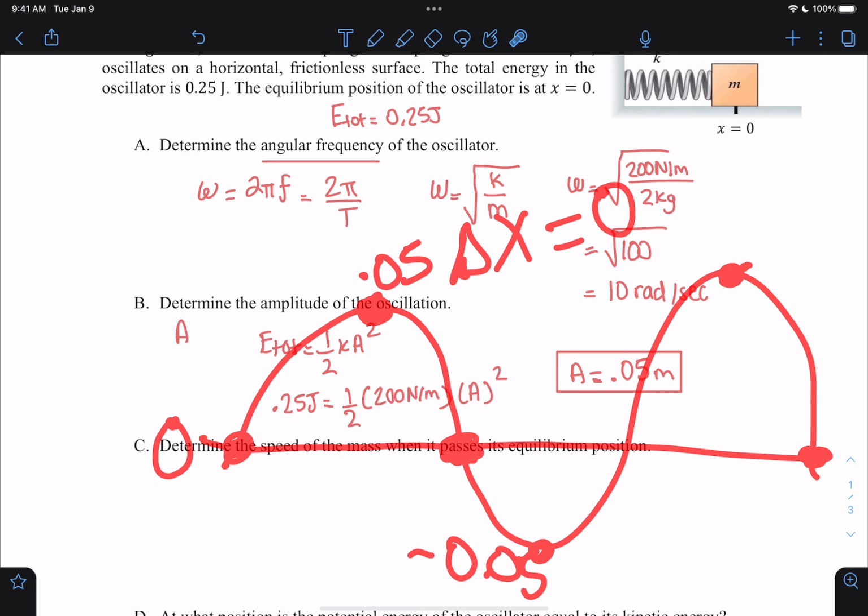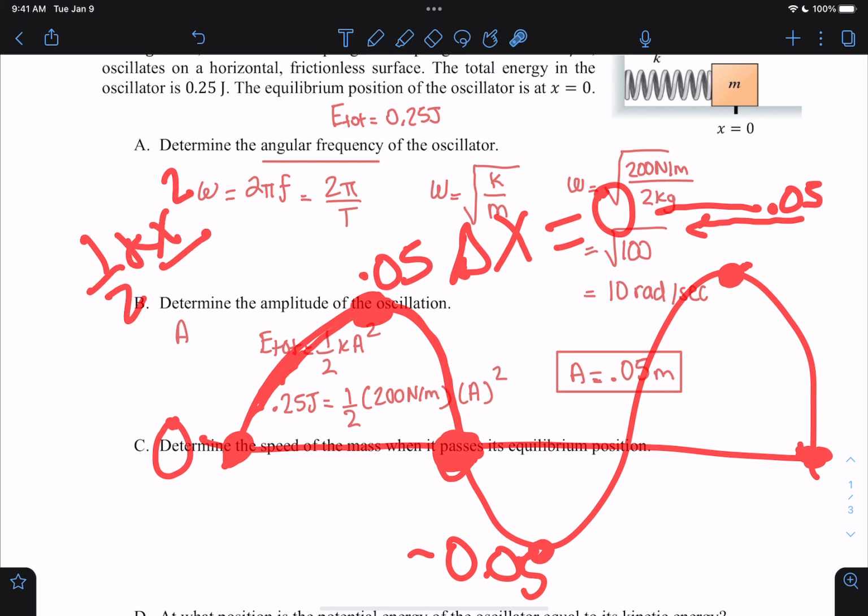But then here at that equilibrium position, imagine if I stretched this block all the way to 0.05 meters and then I let it go. So from 0.05 all the way down here. If I stretch it from 0.05 and I let it go and it moves back, once it hits that equilibrium position of 0, if I look at the equation of half kx squared, if x is 0, what does that mean for my spring potential energy?